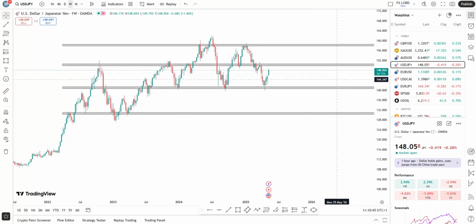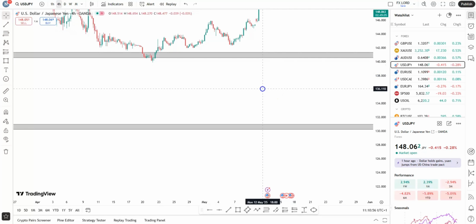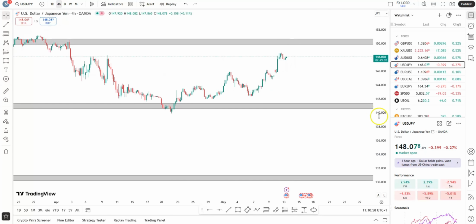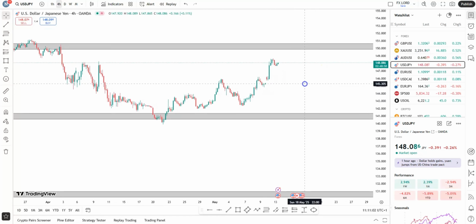So what are you doing? After I draw this on the 1 week time frame, I go down to the 4 hour time frame. On the 4 hour time frame, now I know what to look out for, because I believe it's a bullish trend.